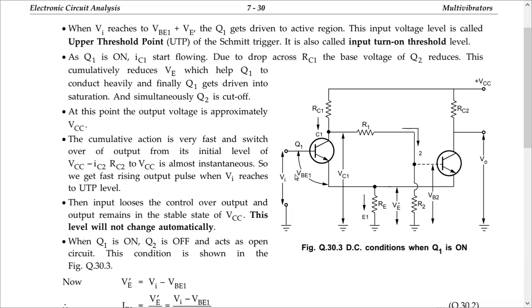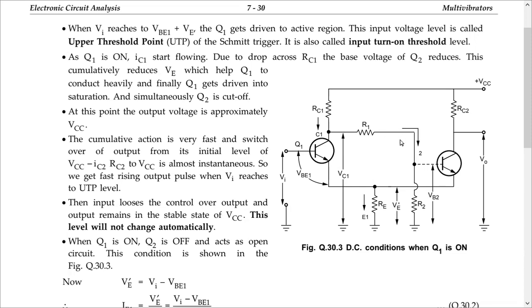So when the input goes above that upper threshold point, there will be large current here, so large voltage drop across RC1. A very small voltage will appear at the collector of the first transistor.